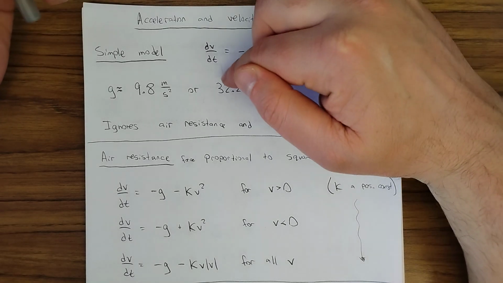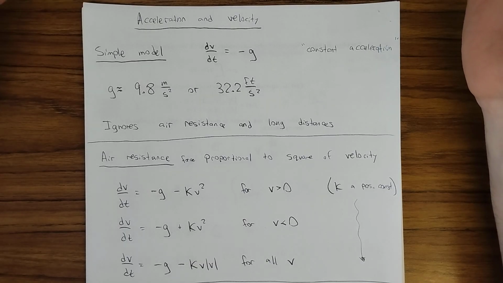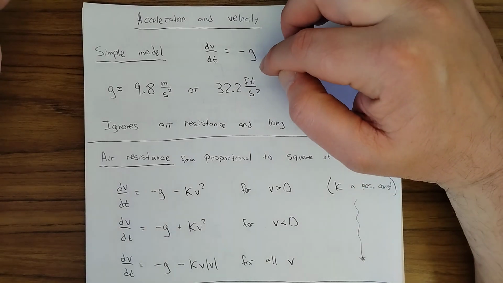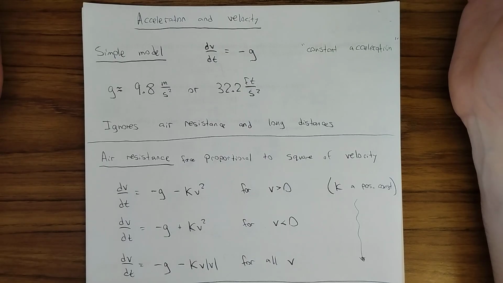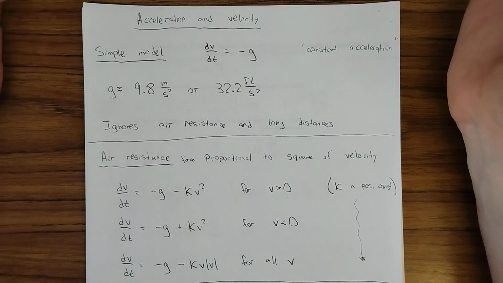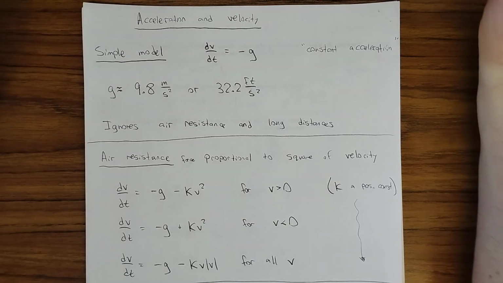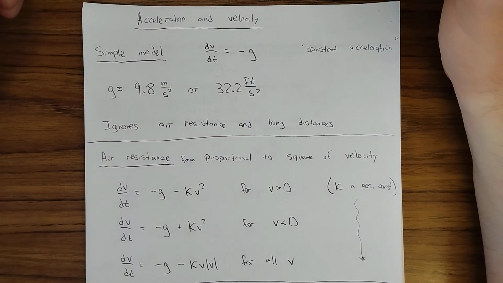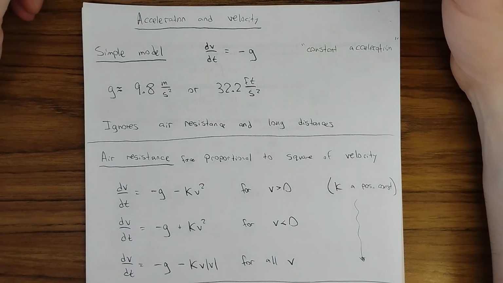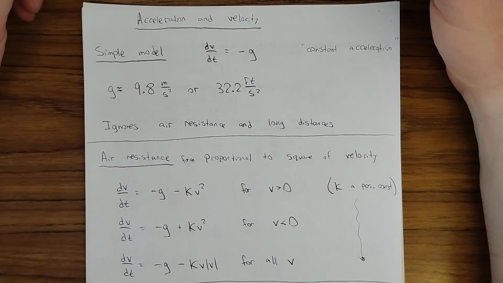So this is just the acceleration of gravity on Earth, near the surface of the Earth. If you're going to be falling from way up high in the sky, then gravity is going to be weaker up there where you start. So this ignores the effect of long distances, I would say.